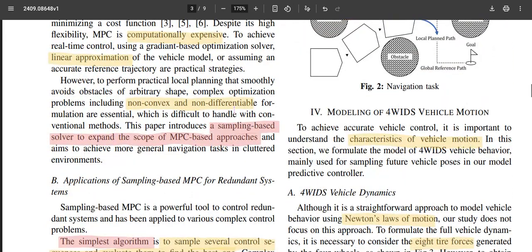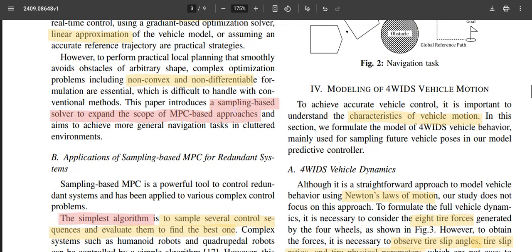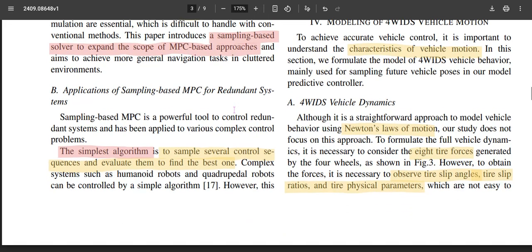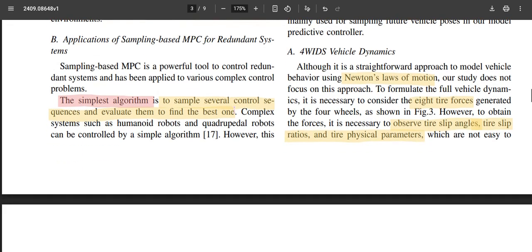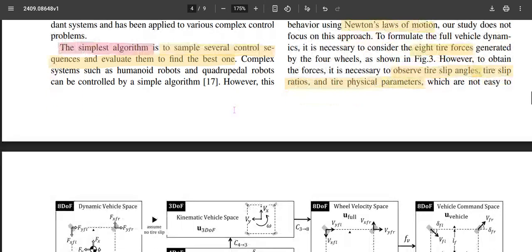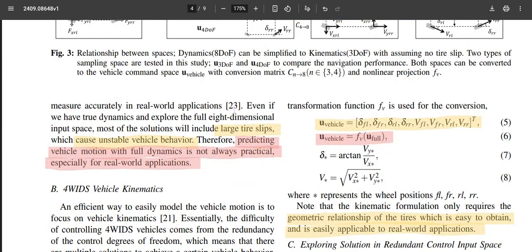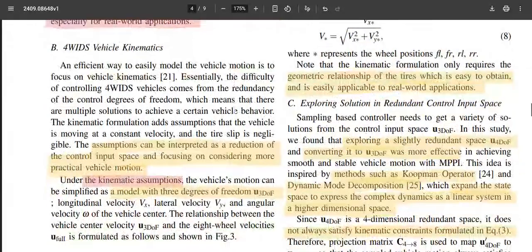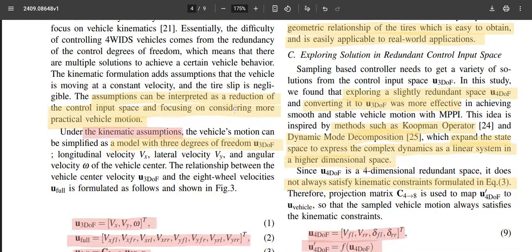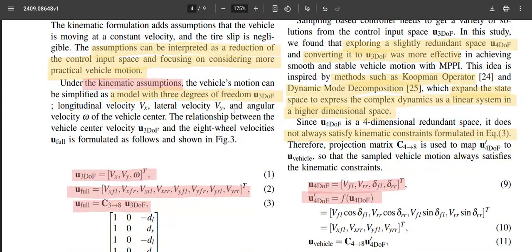This is our fundamental objective, and the vehicle motion is that of a four-wheel independent driving and steering vehicle. The model comes from the nonlinear Newton's laws of motion, including the tire characteristics. But unfortunately, this can lead to a hugely complex model. To avoid that, this paper utilizes simple kinematic assumptions, reducing the model to 3 degrees of freedom.